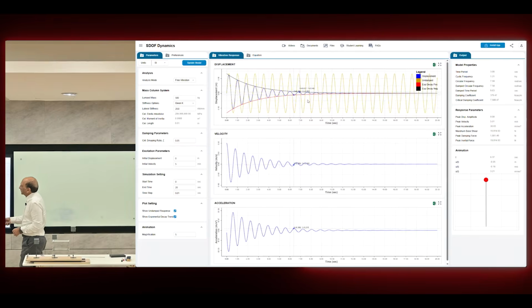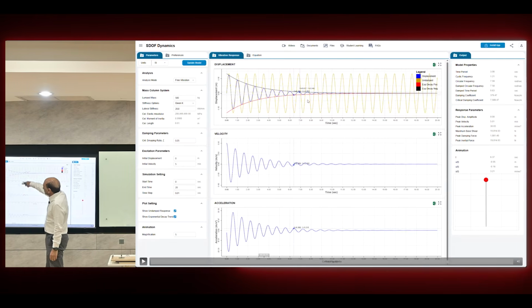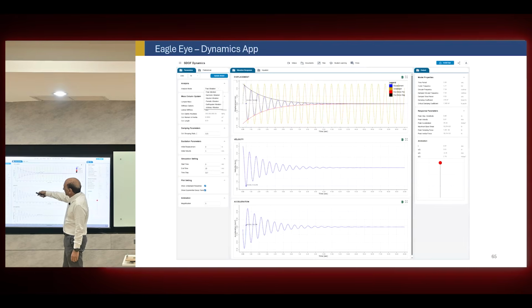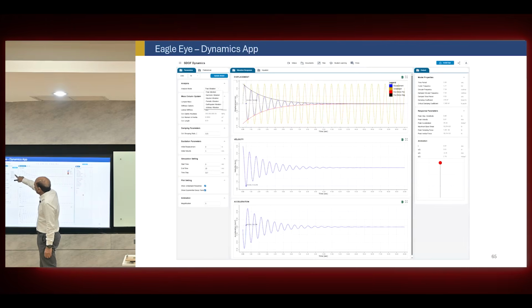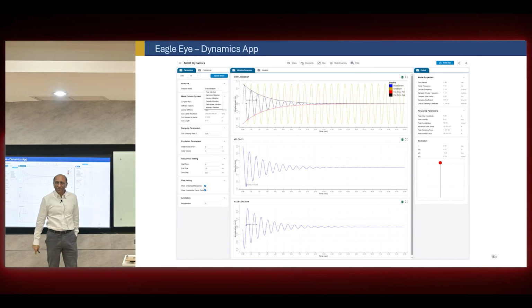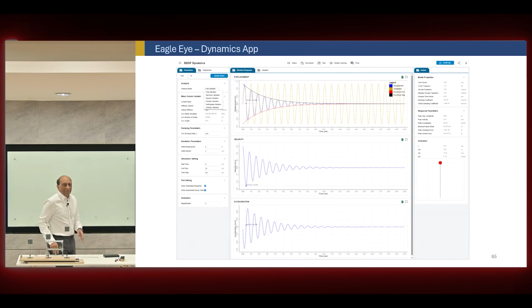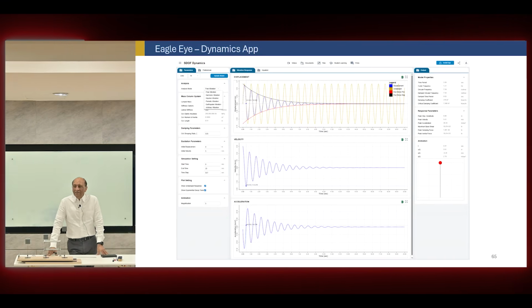Basically you can change any parameters. This is free vibration, harmonic vibration, impulse vibration, periodic vibration, earthquake vibration, and arbitrary vibration. All kinds of vibrations with damping and without damping are covered in this app.